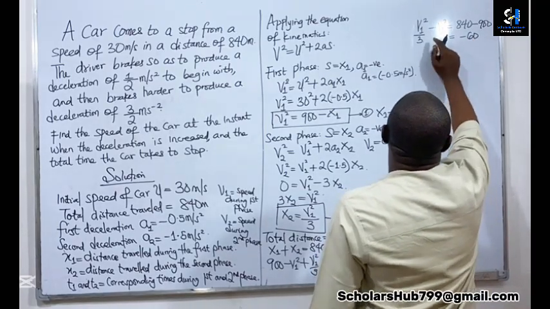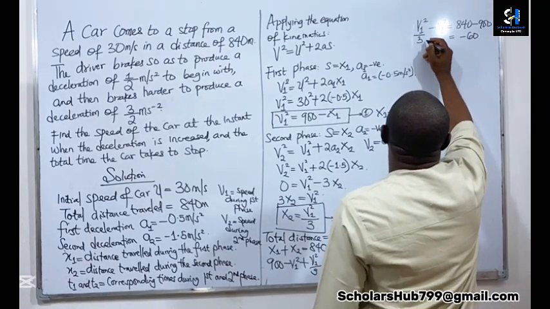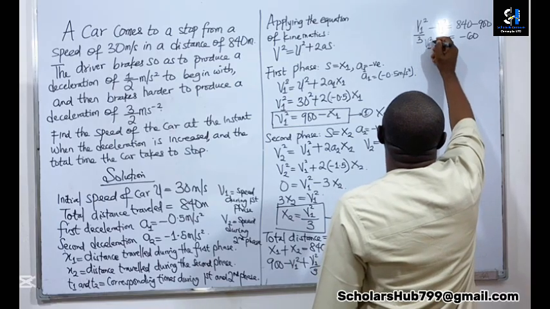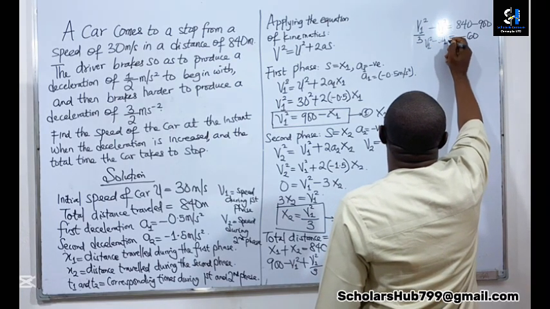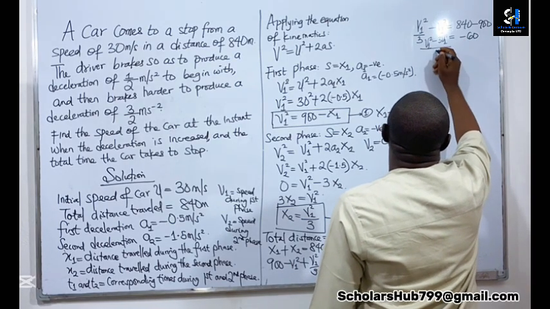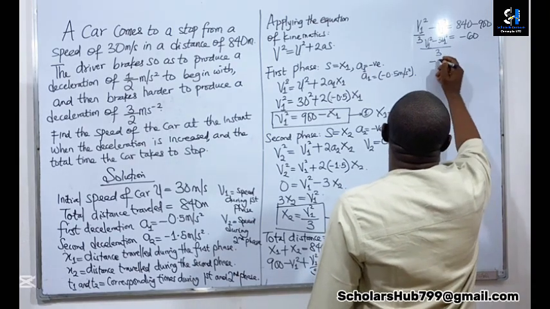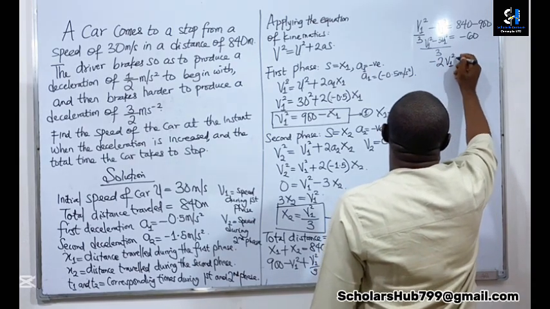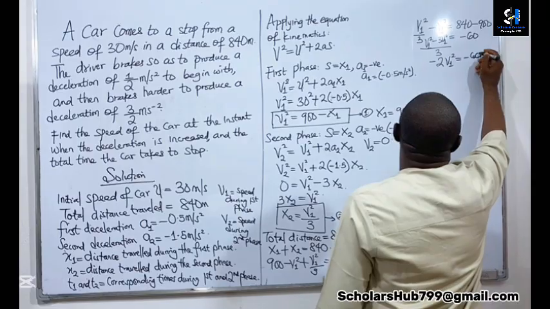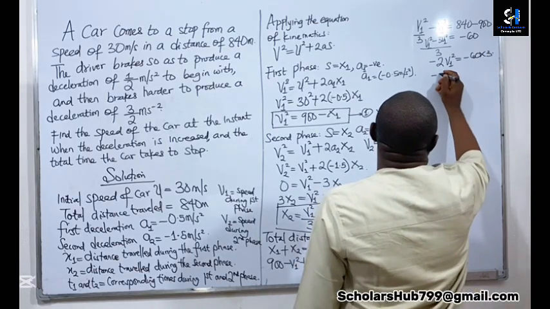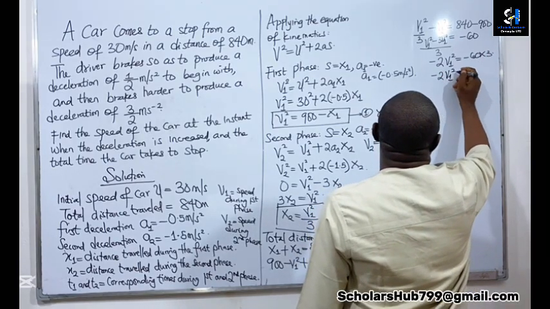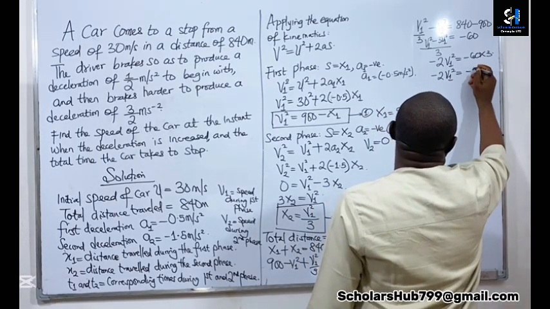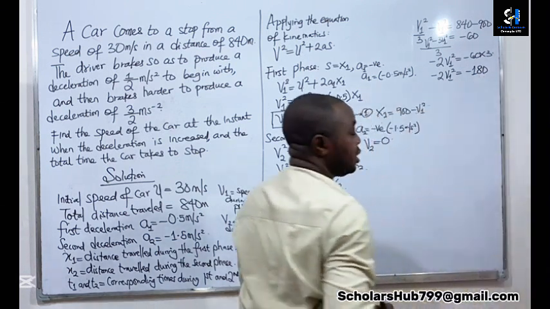Simplifying, this will be v1 squared minus 3v1 squared divided by 3, so this will be minus 2v1 squared equals minus 60 times 3, which is minus 180.